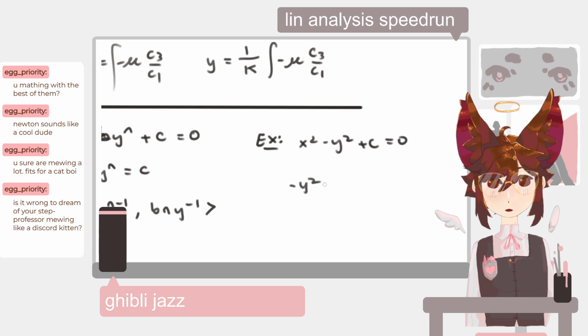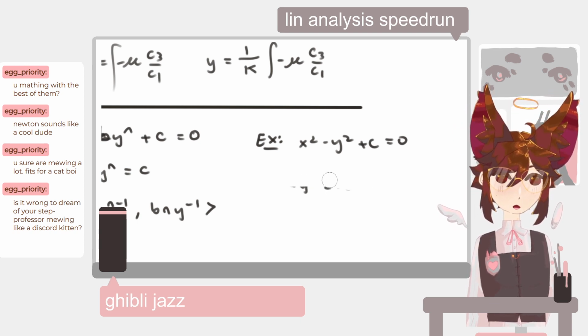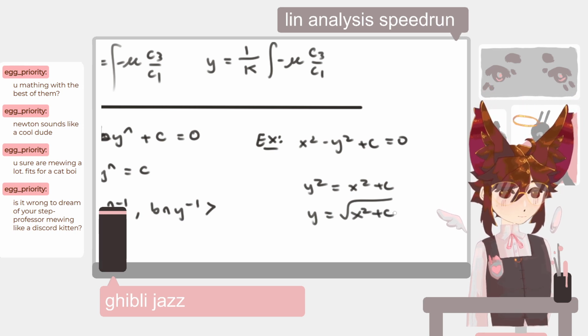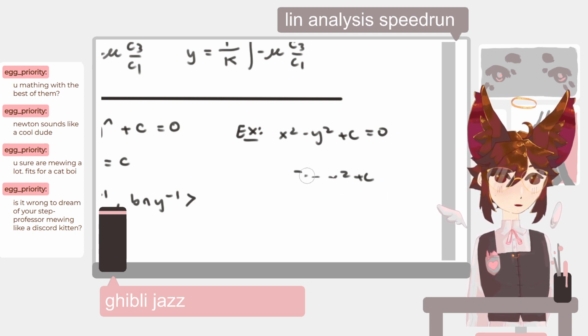We'll have negative y squared equals negative c minus x squared. Okay, everything's minus, so y squared equals x squared plus c. We'll have y equals the square root of x squared plus c. Which is, I don't know, lines, I think, maybe? One of them is a line.